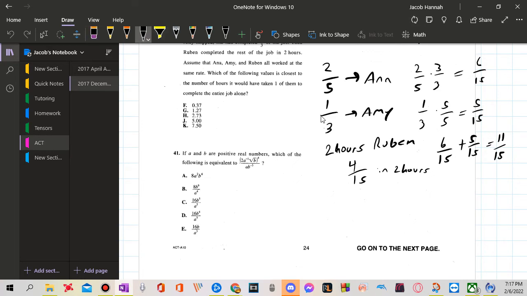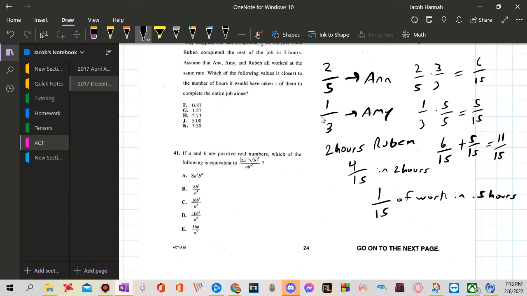So 2 hours is 60 minutes per each hour, so 120 minutes for 2 hours. So if we divide 120 minutes by 4 right here, then this will be 1/15 of work, and 0.5 hours. So 0.5 hours is 30 minutes.